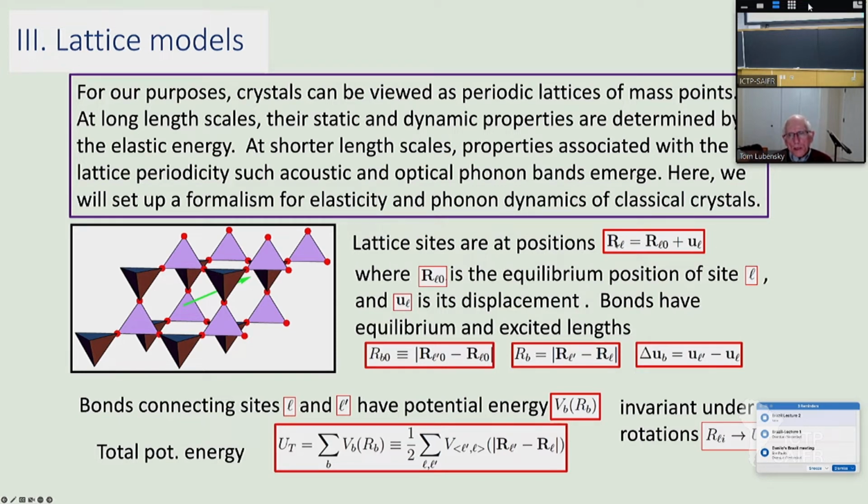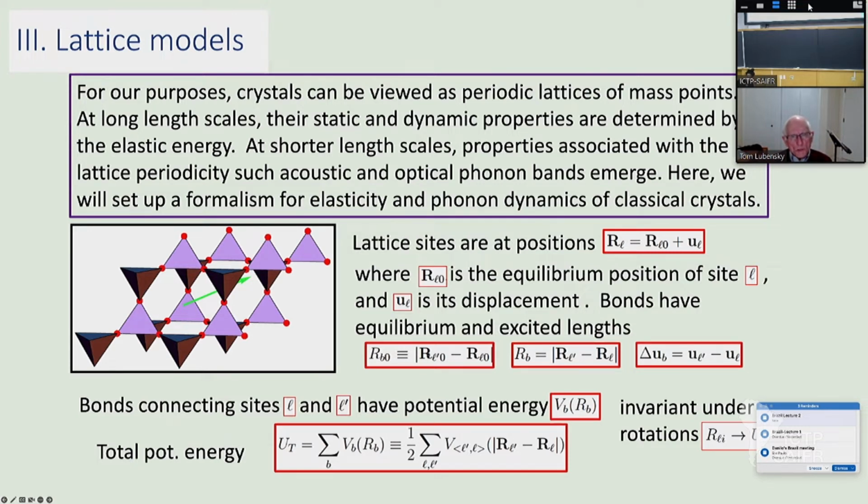So we're going to take R_l to be R_l0 for the moment. That's the rest length, what the lattice has when it's not being excited, plus a displacement on that, u_l is the displacement. So bonds are the material that connect two sites. The length of a bond, which is going to be important for the length of the spring that goes there, is the difference in the position of the two lattice sites that it connects.